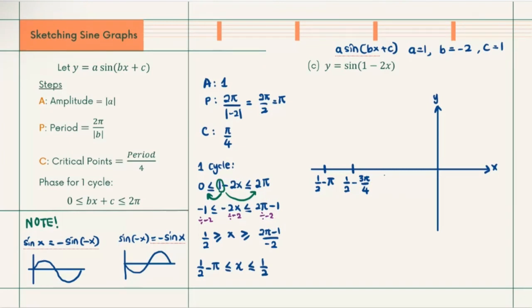Okay, so from here to here, we add pi/4. Then do the same thing again. You add pi/4. So here will be 1/2 minus pi/2. So 1/2 minus pi/2 is still a negative value, okay.